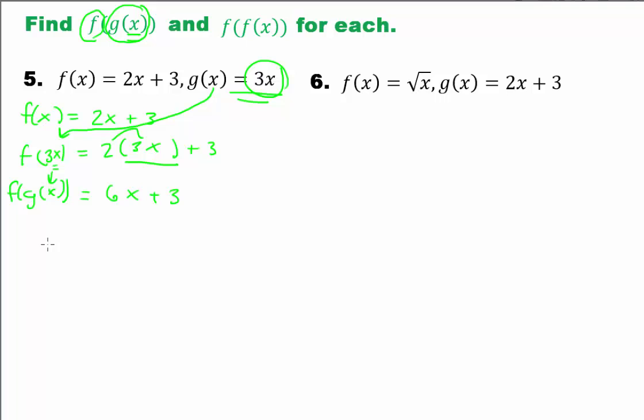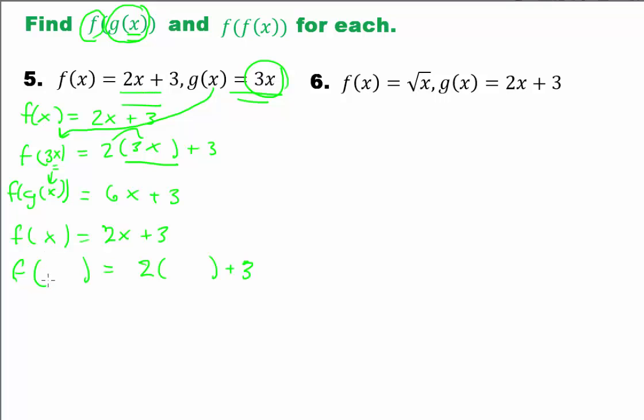All right, let's do the same thing with f of f of x. So again, I start off with f of x is equal to 2x plus 3. I then am going to take out the x, and in its place I'm going to put what f of x is equal to.